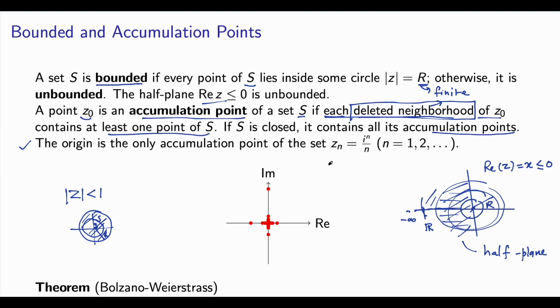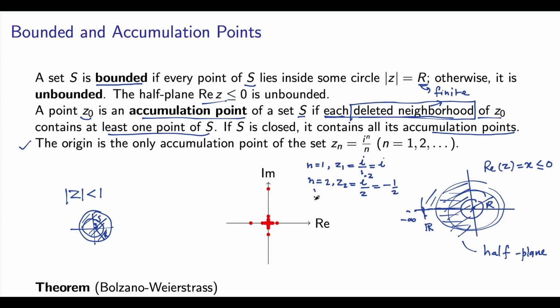Now let us see how the structure will be. For n equal to 1, I get z1, which is nothing but i by 1, which is equal to i. For n equal to 2, I get z2, which is i square by 2. I square is minus 1, so minus half.